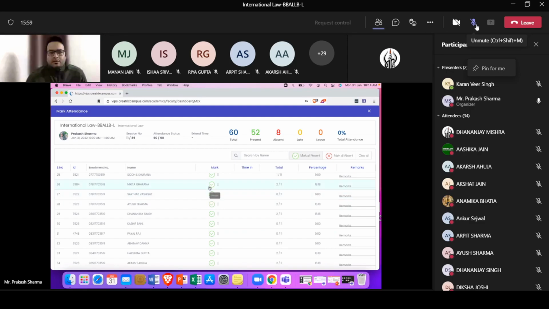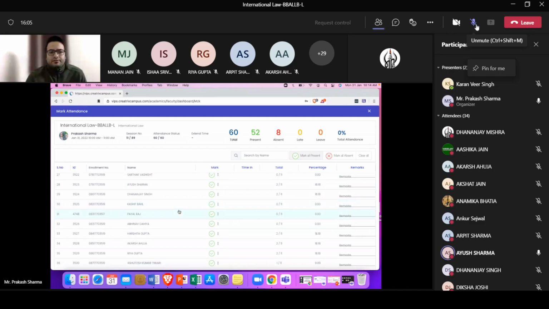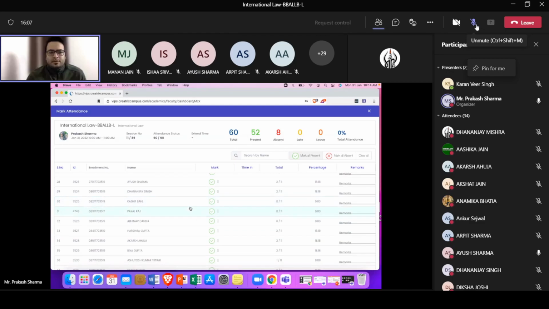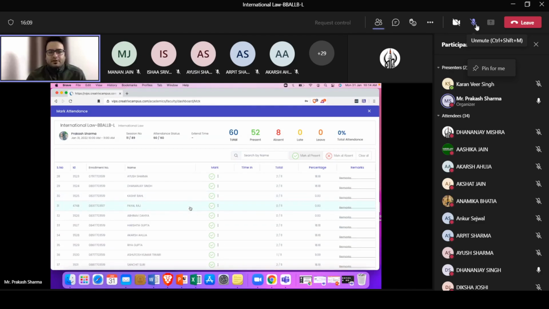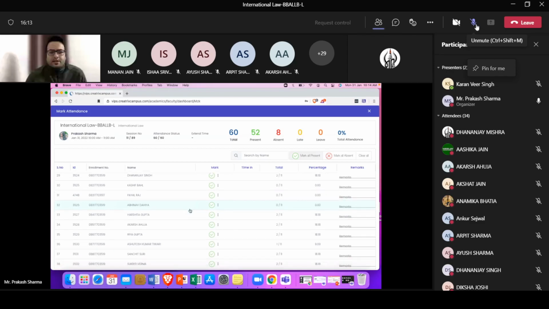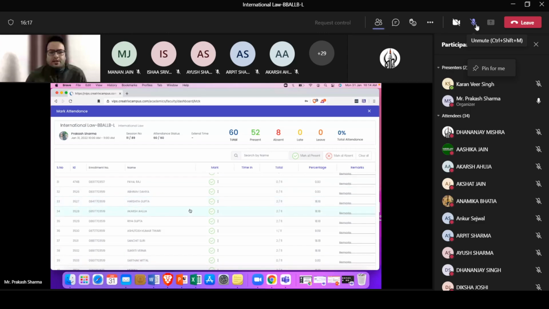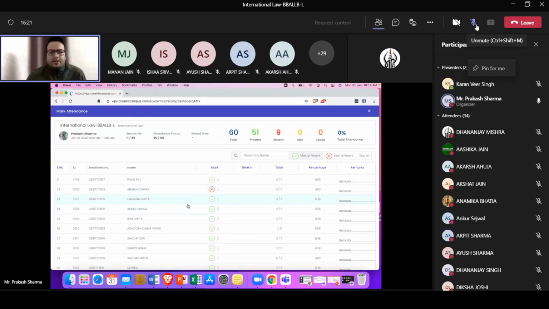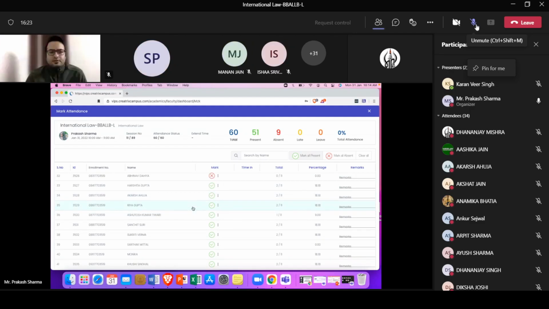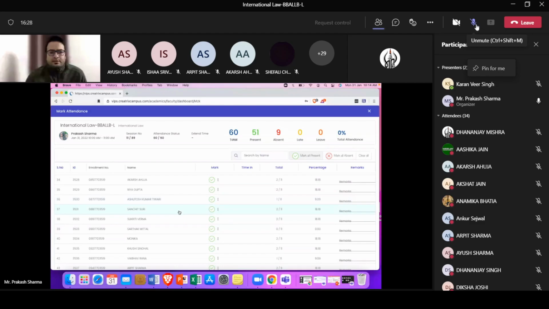Sarthak, Ayush, Dhananjay, Kashyap, Payal, Harshita, Akash, Riya present, sir.